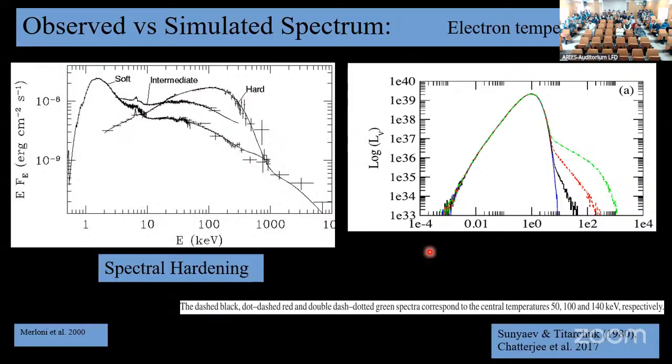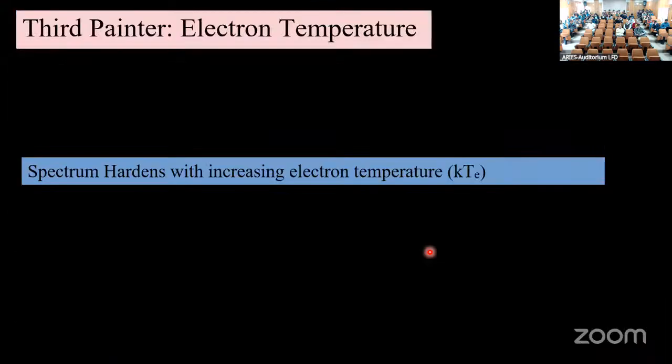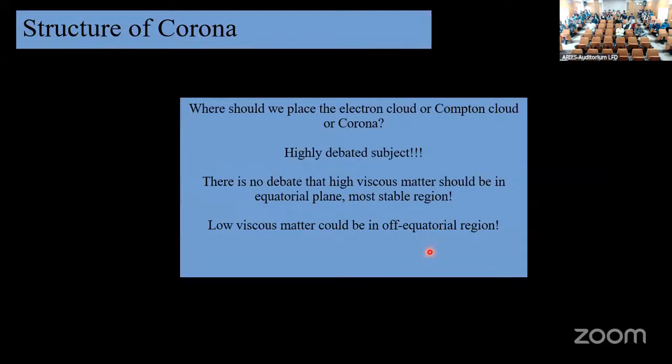Some of you have already fitted data for galactic black holes and AGNs where you have calculated kTe. It is supposed to be a very important parameter for galactic black holes as well as AGNs. So you have your third painter, which is the electron temperature. Spectra will harden with increasing electron temperature.